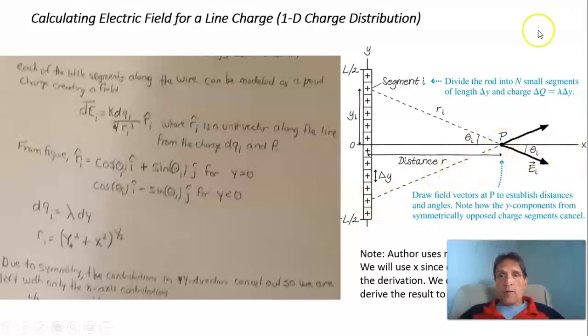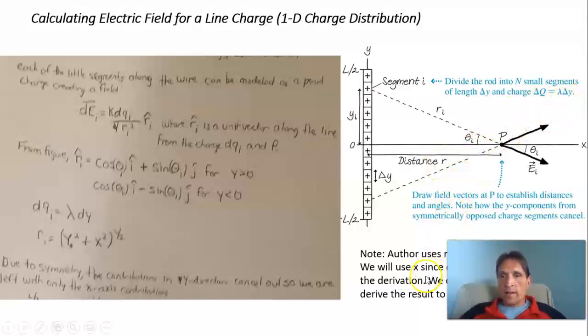Now the author uses r for this perpendicular distance along the x-axis to point P. I'm going to use x because it's along the x direction. And then at the end, when we're all done deriving this, we can substitute r for x just to be consistent with the author.